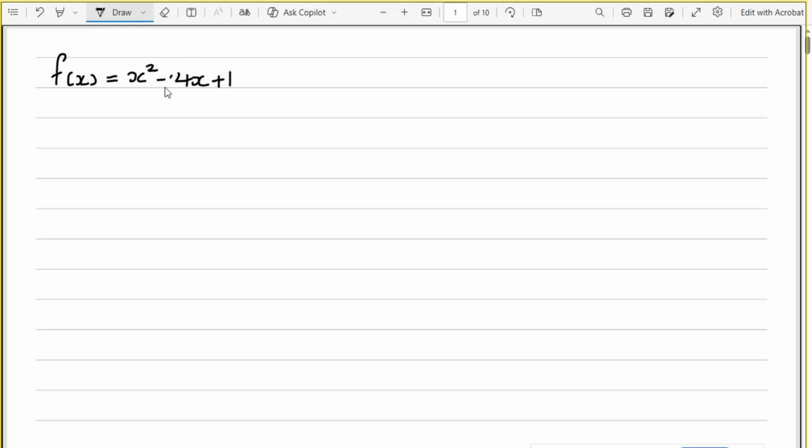So when they say f prime from the first principle, if you still remember, it goes like f'(x) is equal to the limit as h approaches 0 of f(x plus h) minus f(x), then we take everything there and divide everything by h.